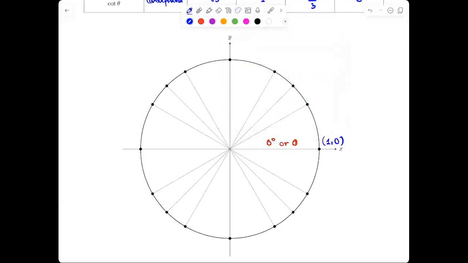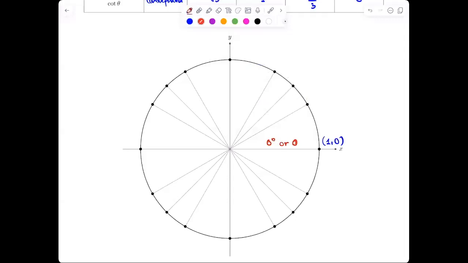Do you remember the trick using your left hand that I showed you the other day? You can use that for the unit circle. So this is the ring finger, this is the middle finger, this is the index finger, and this is the thumb. Now, let me fill this out first.